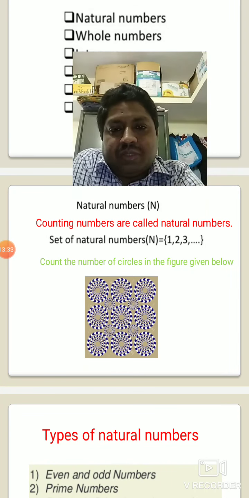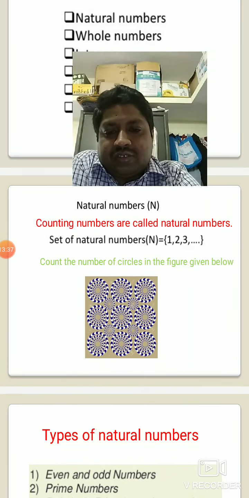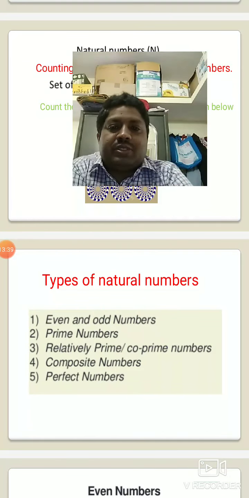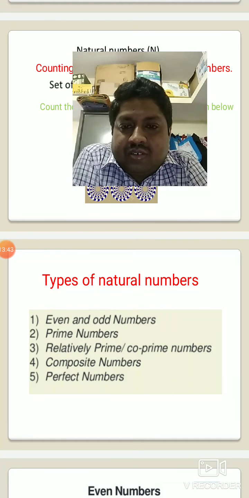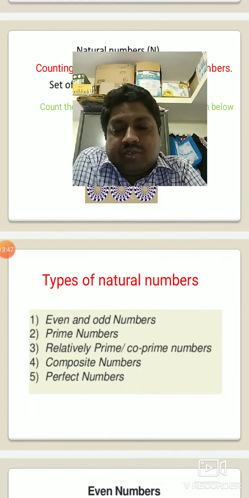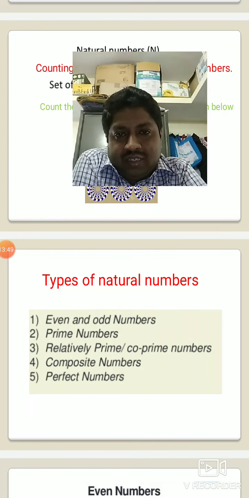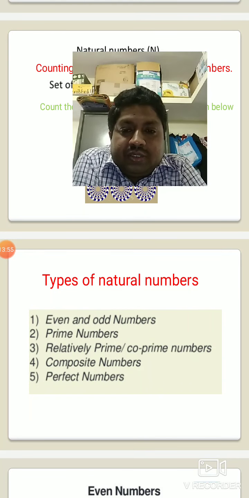Counting numbers means, what are counting numbers? Natural numbers. Now, types of natural numbers, children. We have to learn the types of natural numbers, because all these things you should know. These are all knowledge for the next lesson. Even numbers, odd numbers, prime numbers, you might be knowing it.